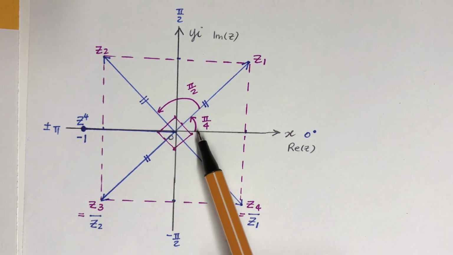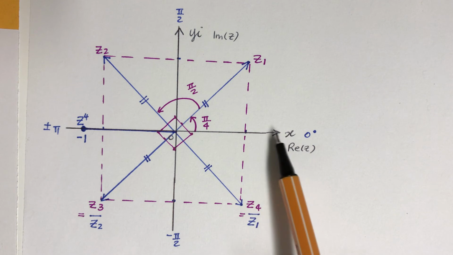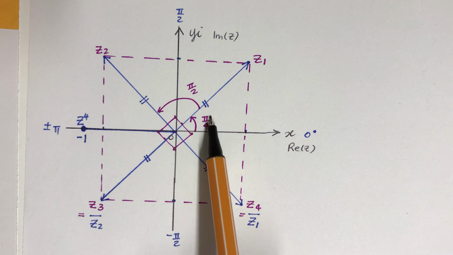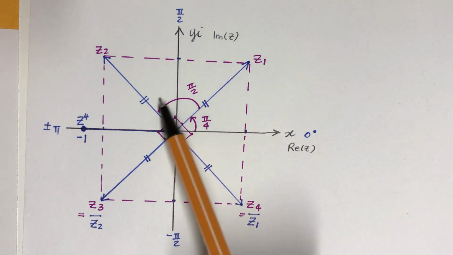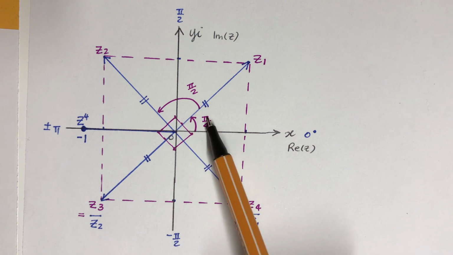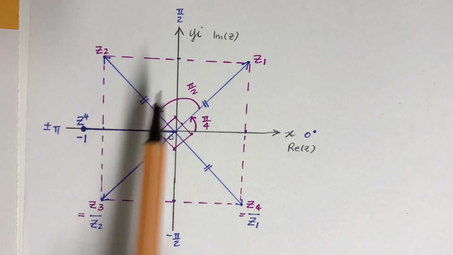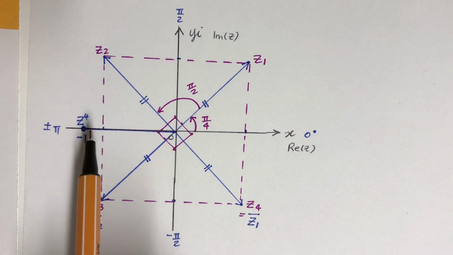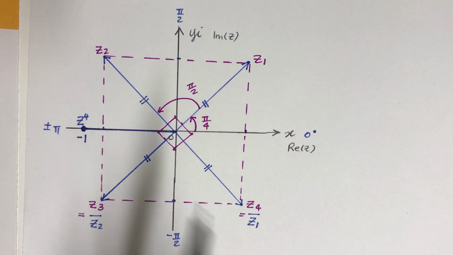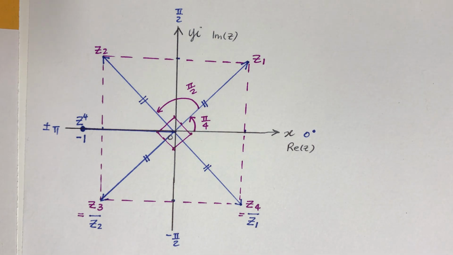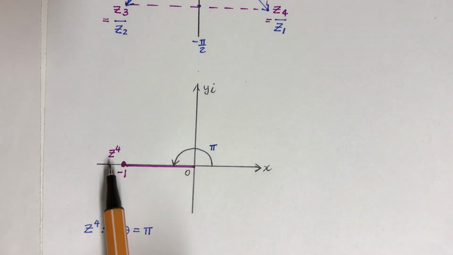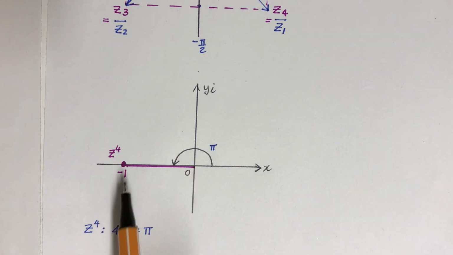So first, z1 was measured from the x-axis. The argument always starts from the x-axis, and it was pi over 4, and then the roots are spaced out by pi over 2. Make sure you sketch it nicely and neatly, and when you join them together you will get a square. Here we've got z to the power of 4 equals minus 1, which is the question we had at the start.